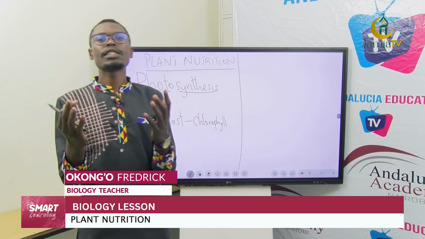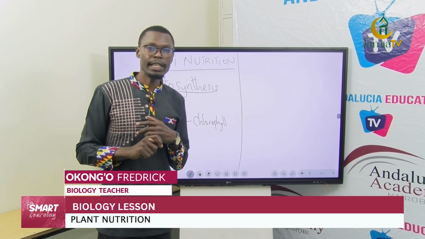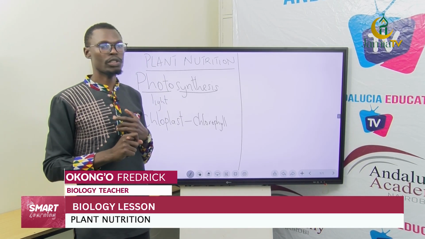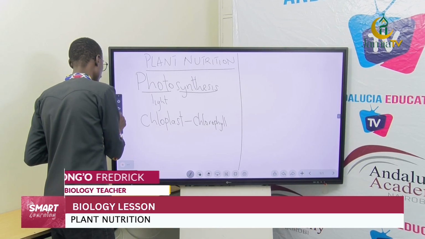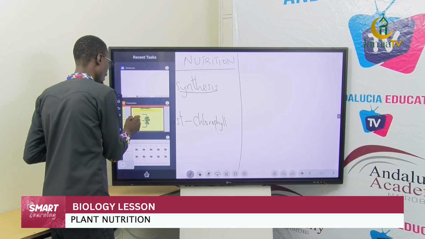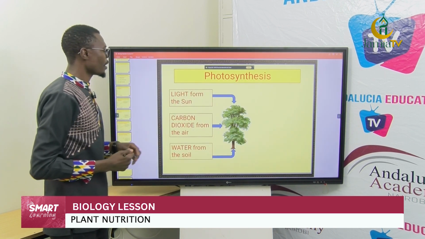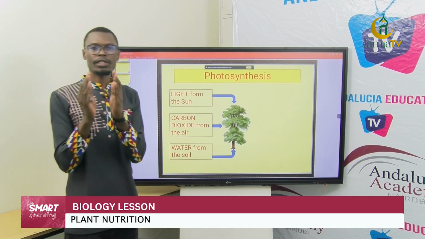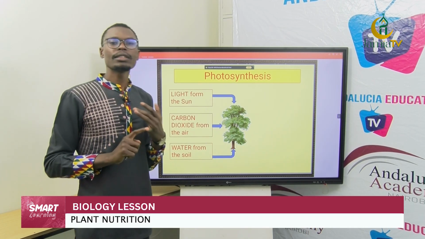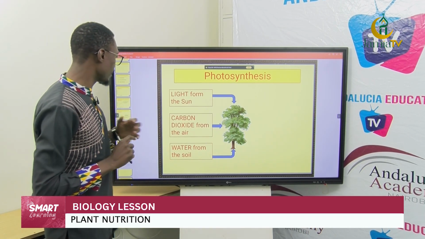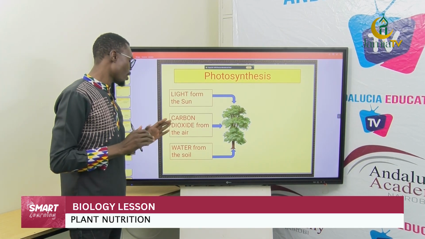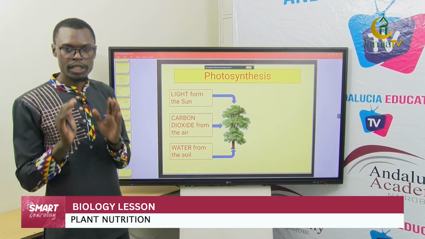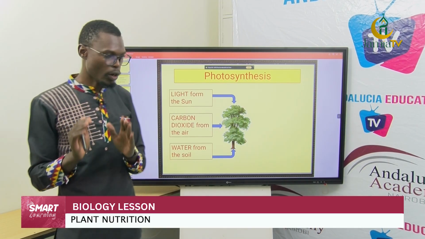For photosynthesis to occur, we need raw materials and we need conditions. The raw materials that we need in photosynthesis: one is carbon dioxide from the atmosphere; two, water, which plants absorb from the soil.